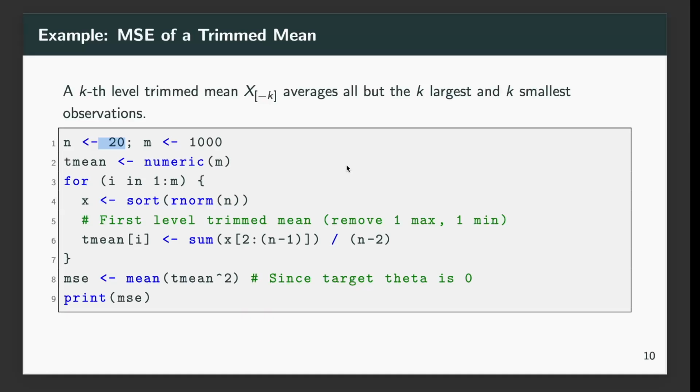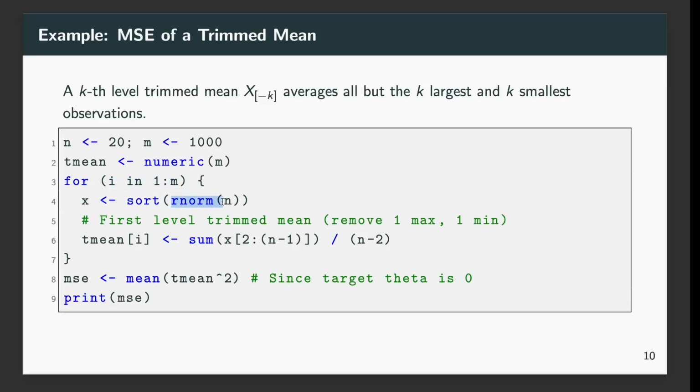So first we set the number of replications to be 1000, and then we generate the empty vector of t mean, and we run the loop. For i in 1 to 1000, we run this 1000 times.